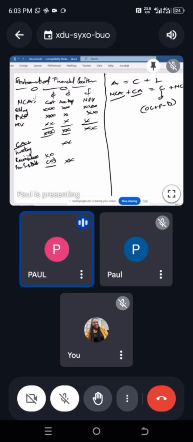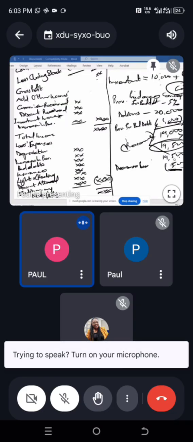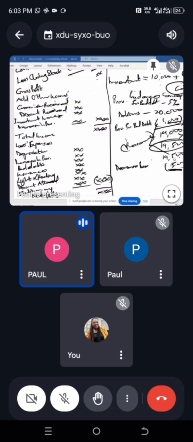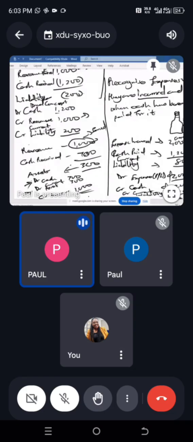Then other things could be those assets that I was talking about. I told you that when you receive maybe revenue, you were supposed to receive 1,000, but you received only 700.